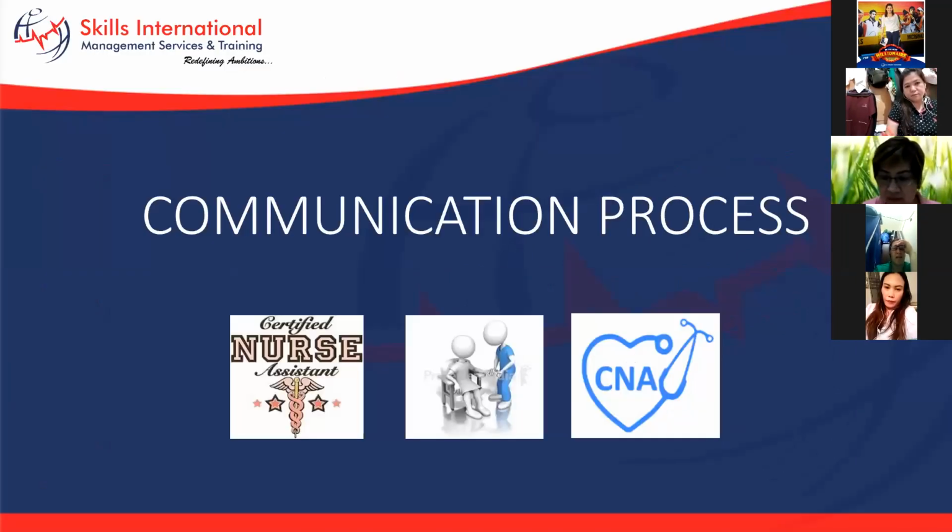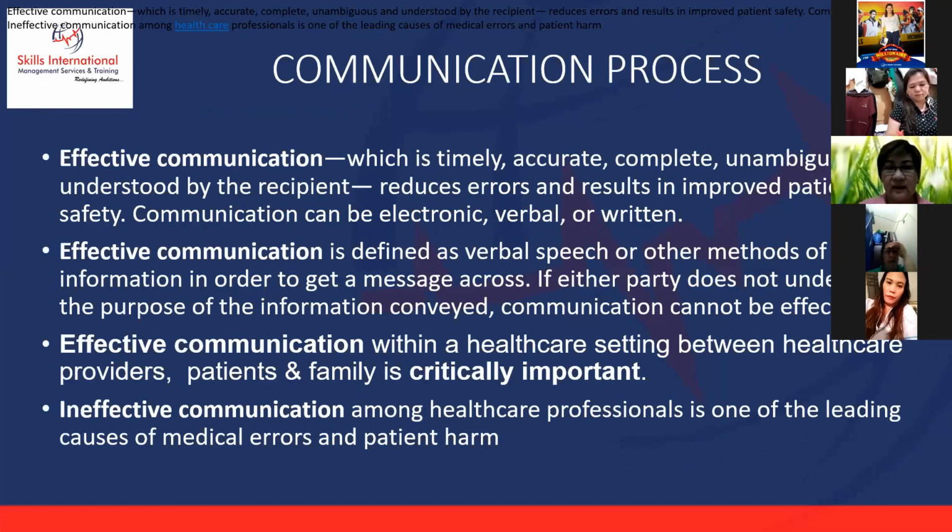Okay, thank you. So we are going to discuss the communication process now. So what is the communication process about? Effective communication is timely, accurate, complete, and unambiguous. Unambiguous means clear and understood by the recipient, which reduces errors and results in improved patient safety.